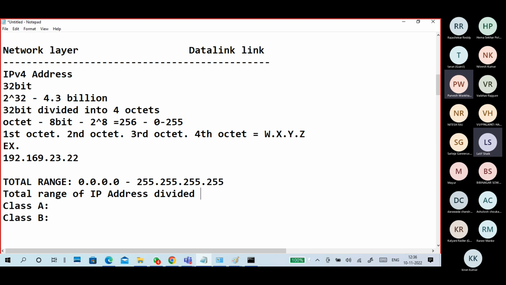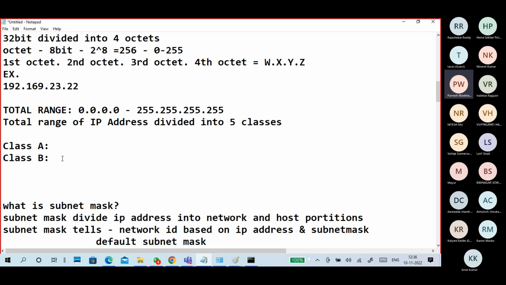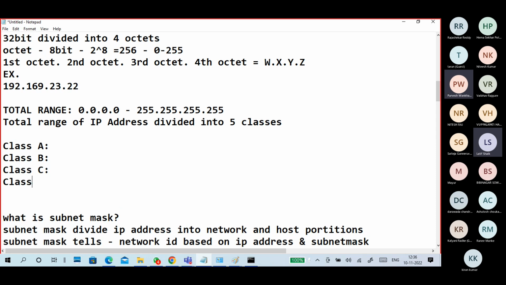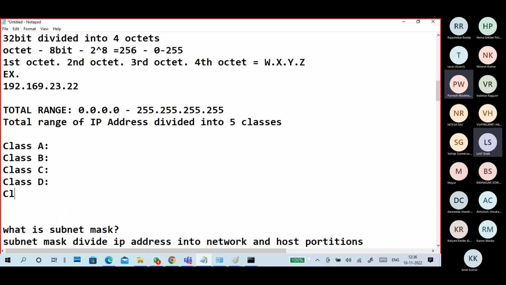This total range of IP addresses is divided into 5 classes: Class A, Class B, Class C, Class D, Class E. In our olden days, I told about the binary ranges and most significant bits, but now we don't have time. So Class A is 0 to 127.